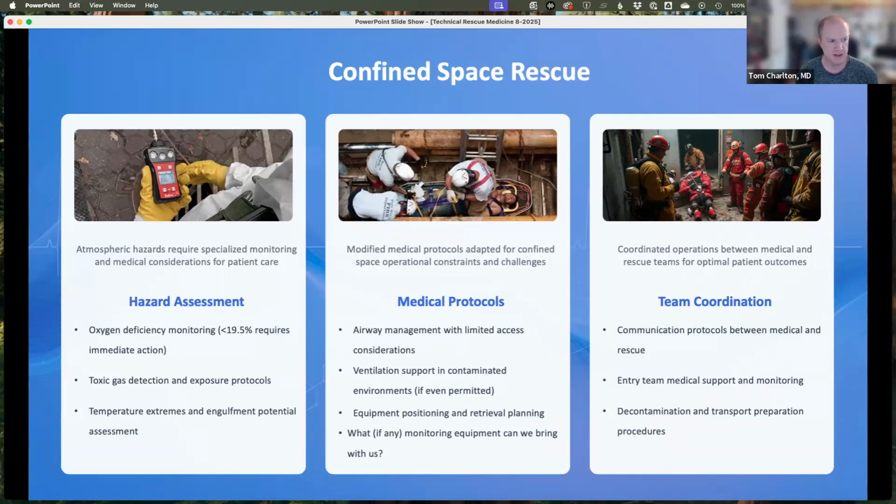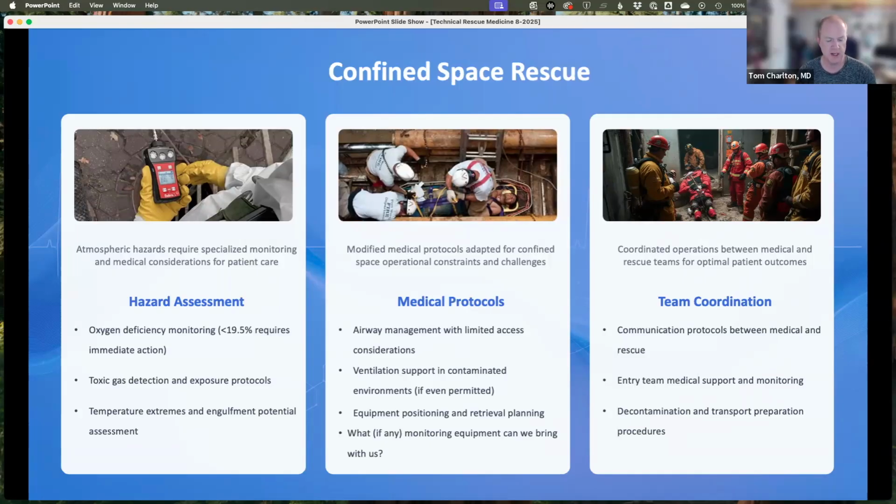There are numerous cases of patients being stuck down in petroleum tanks or other kinds of tanks, sewers, that kind of thing, where it's oxygen deficient or there is a gas that's present that overcomes them. Unfortunately, very common in sewer and manure pits because the hydrogen sulfide gas that can be present there is a direct asphyxiant.